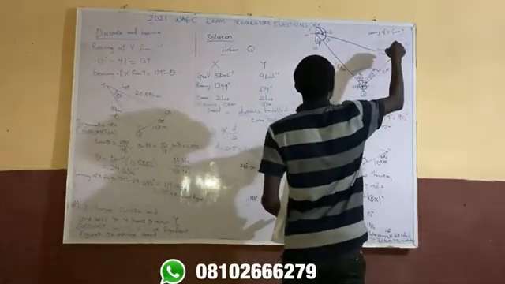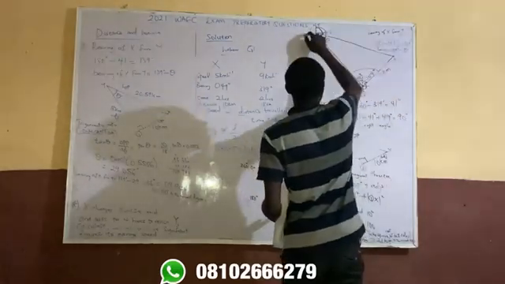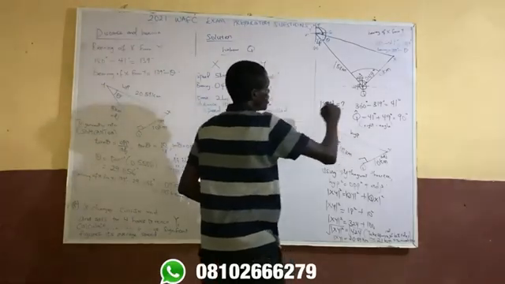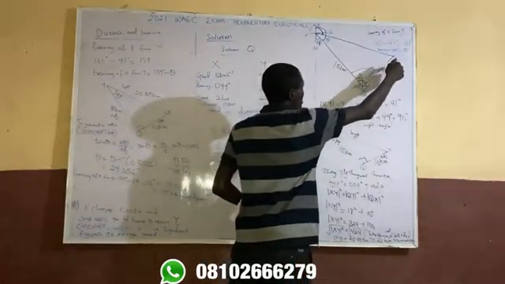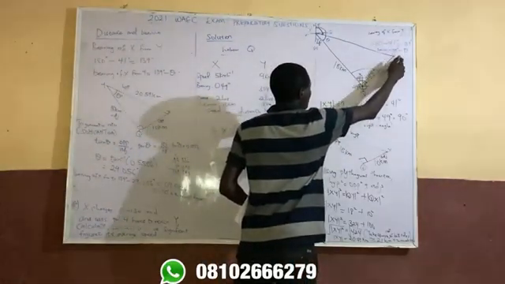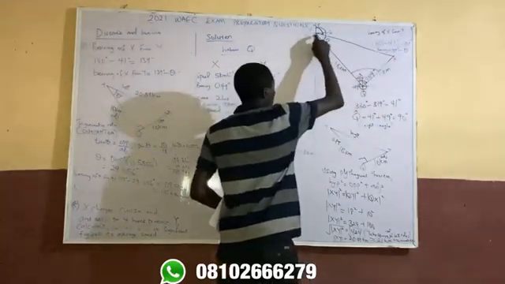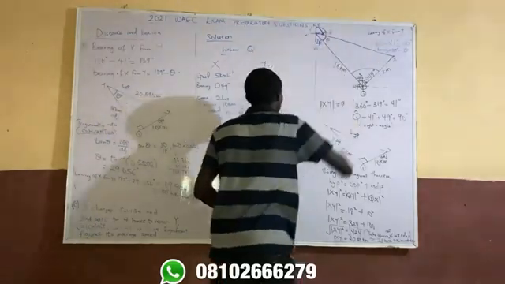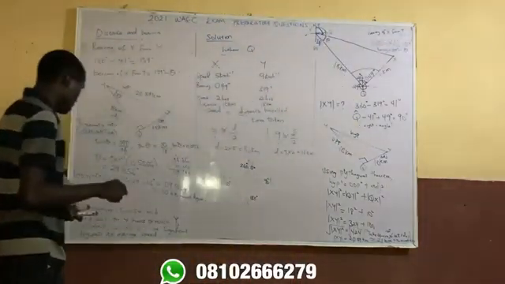The time taken for the ship to cover the distance between x and y is 4 hours. So what I'm trying to say is that when the ship at x changes course to go and meet y, the time it uses to get to y is 4 hours.